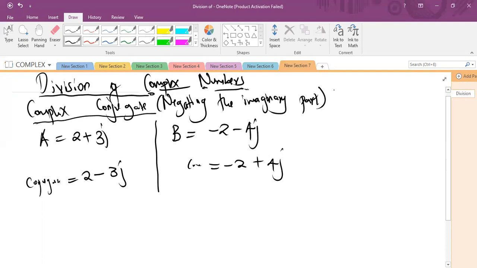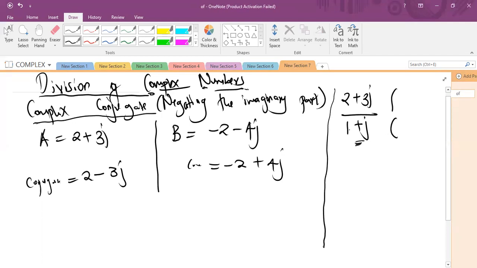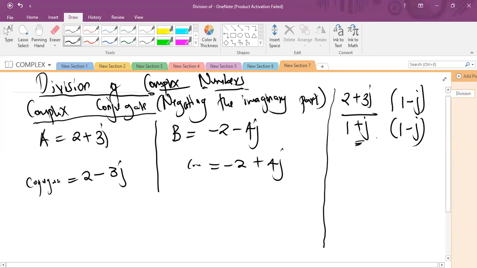Now, when you're given a complex number and you're told to divide, let's say you're told 2 plus 3j divided by 1 plus j. In order for you to carry out division, you need to multiply both the numerator and the denominator by the complex conjugate of the denominator. So the complex conjugate of the denominator here is 1 minus j. You multiply it both on the numerator and the denominator.